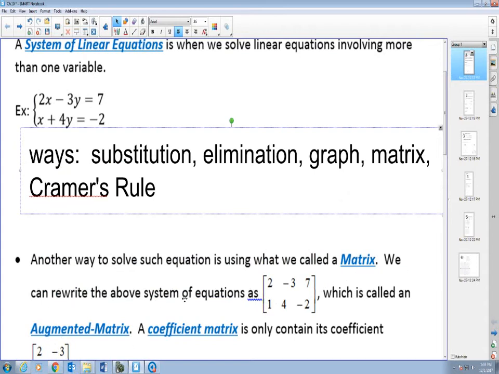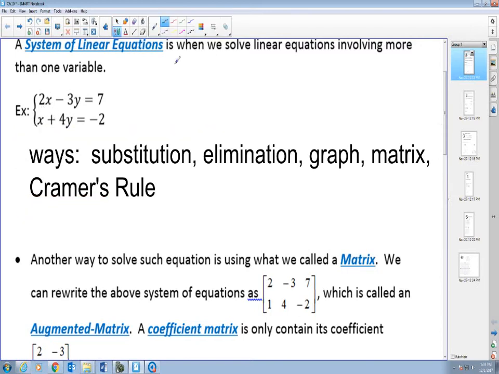We can rewrite the above system of equations as the matrix with rows 2, -3, 7. These numbers come from the coefficients and the constant terms of my equations, so we line them up by the variable. The 2 and the 1 are the coefficients for the variable x.